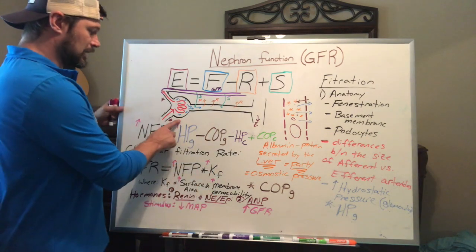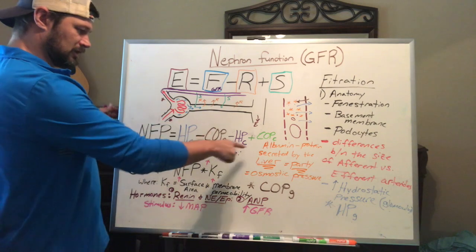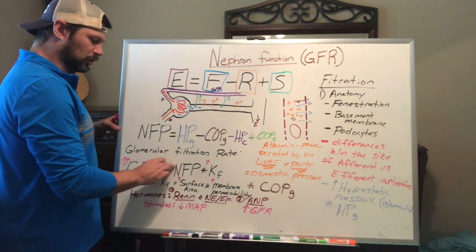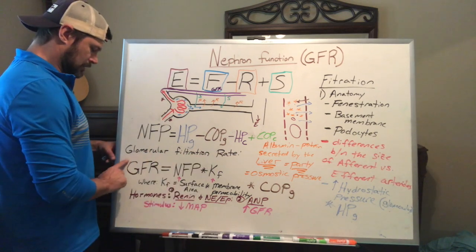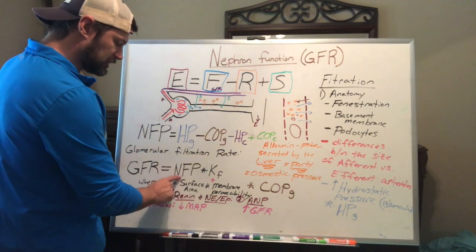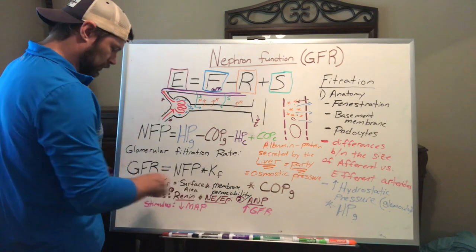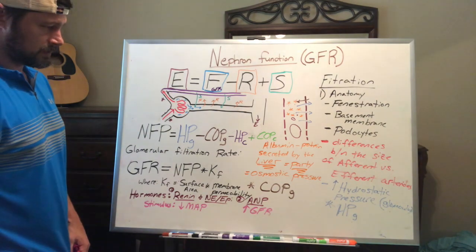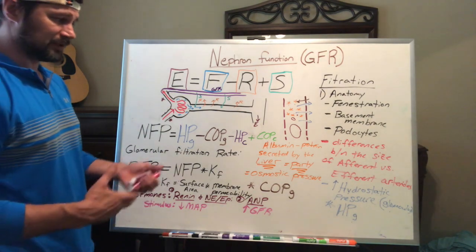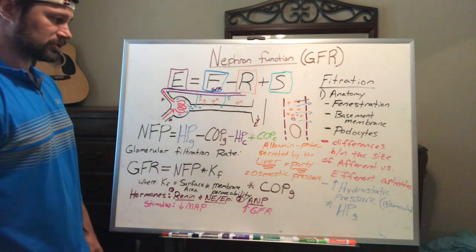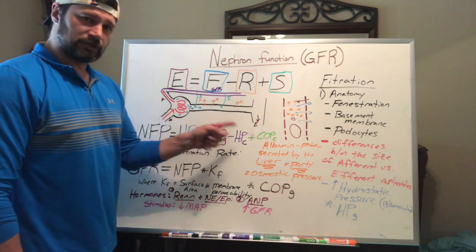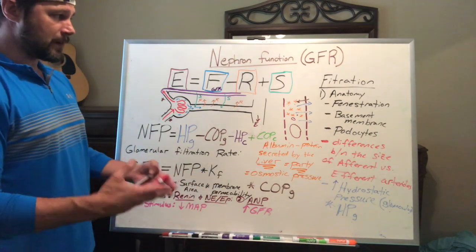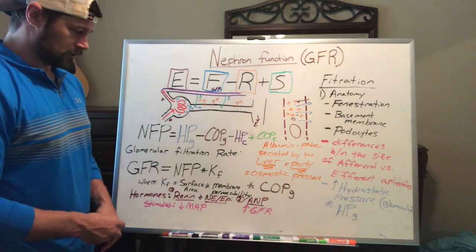We can say, if any of these variables change, what would happen to NFP, therefore what would happen to GFR? Or if any of the filtration coefficient variables change, what would happen to GFR? That's what we're after. The ultimate understanding, the ultimate learning. You've got to practice this and ask yourself, what would happen if I changed any of these variables? And boom, all of a sudden, you're going to go from memorizing things to learning things.